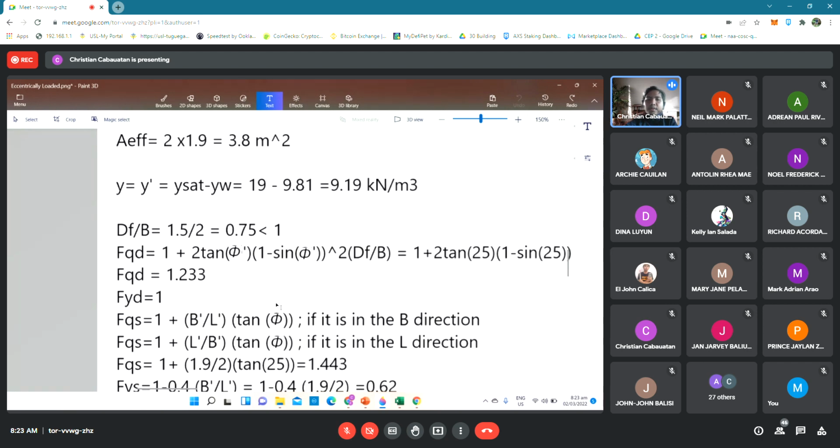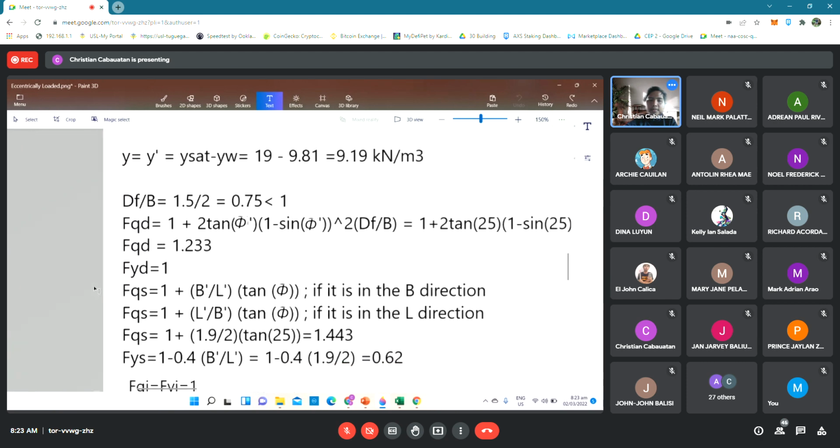It is the new value for the B prime kasi nandoon na yung effect ni eccentricity. Okay? So kapag nasa B direction po siya, the numerator will be B prime over L prime. But for this problem, it is in the L direction, wherein we will be using L prime over B prime.